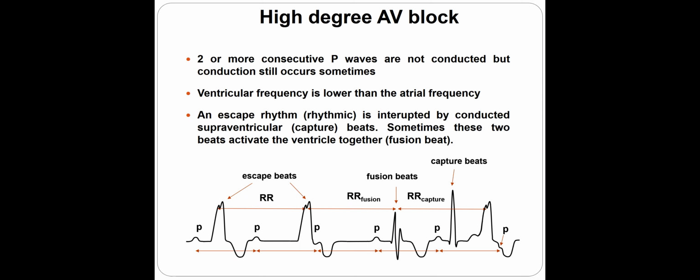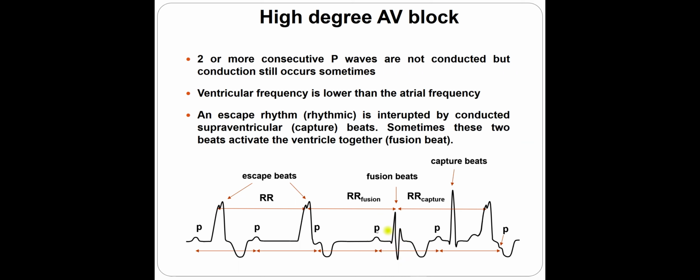There is also a chance, for example, that the escape beat and the conducted beat come together. In this case, it's called a fusion beat, when the supraventricular beat and the ventricular escape beat activate the ventricle together.